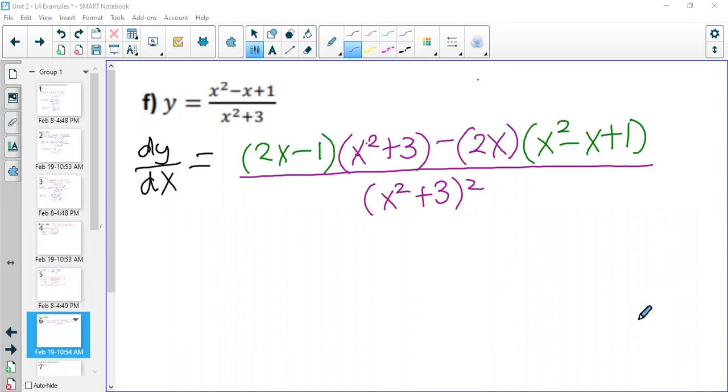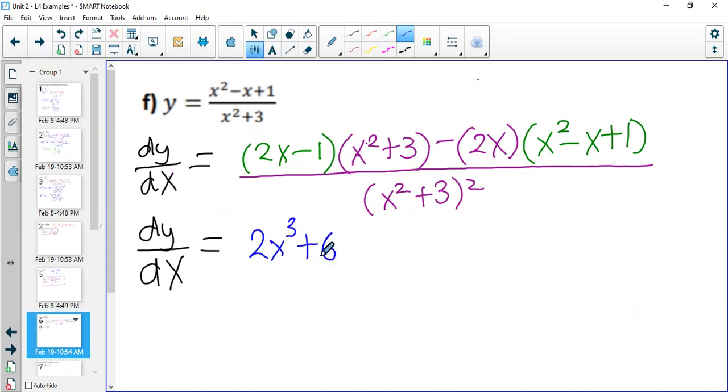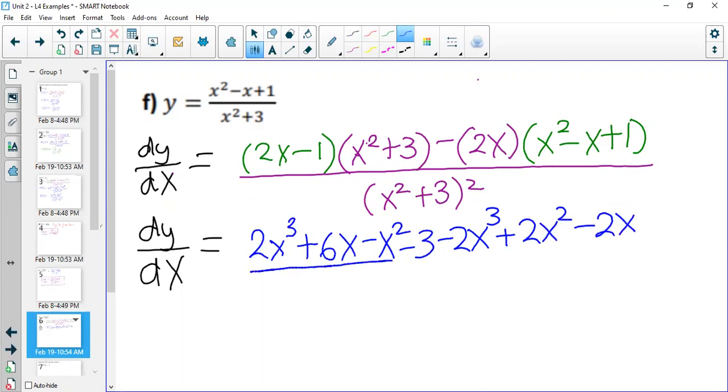Okay, so where we left off in the last video, we now are going to distribute. We have 2x cubed plus 6x minus x squared minus 3 minus 2x cubed plus 2x squared minus 2x, all over x squared plus 3 squared.